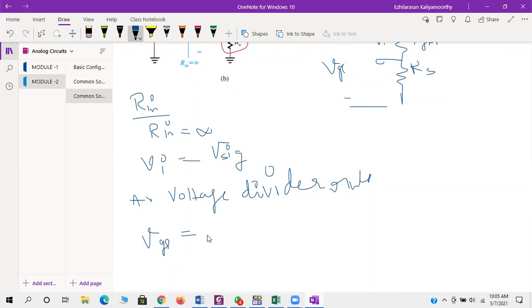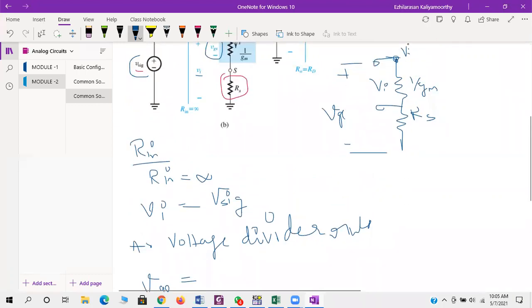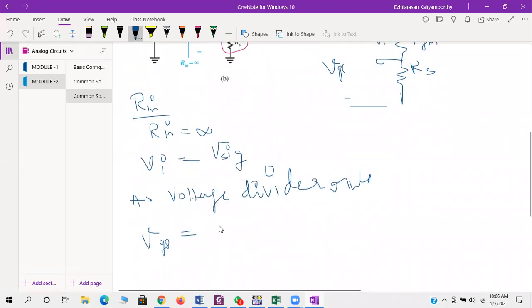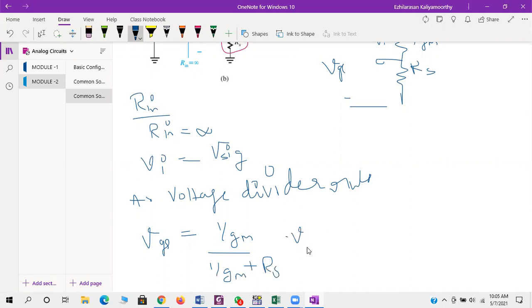VGS is equal to Vi into 1 by gm divided by 1 by gm plus RS, into Vi.